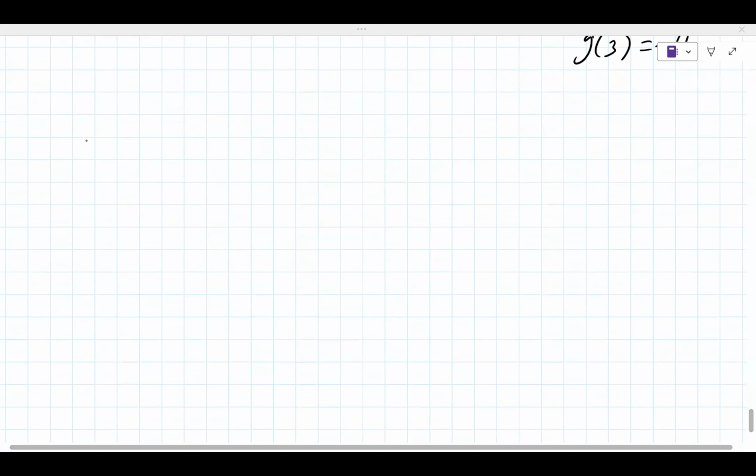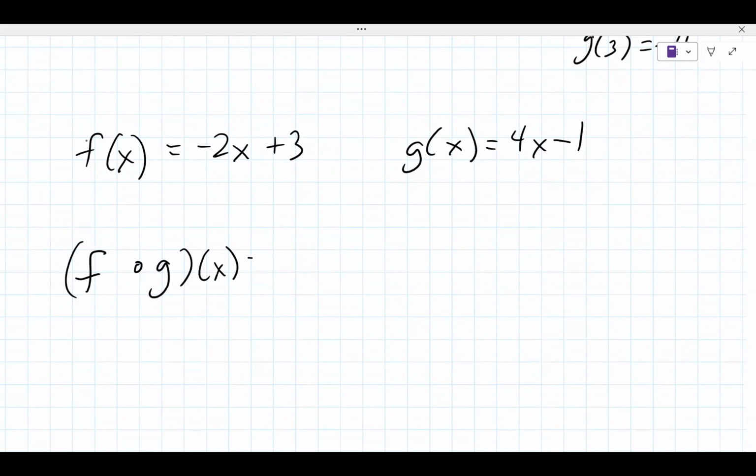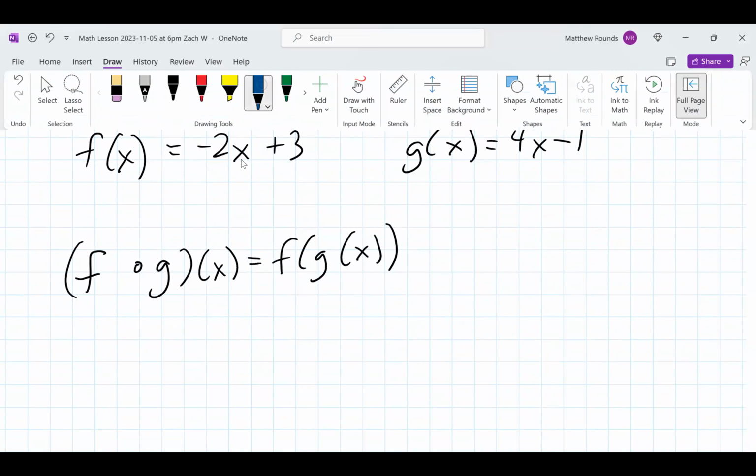Okay. So let's move to functions. Let's say f of x equals -2x plus 3, and g of x is 4x minus 1. If I want f bubble g of x, this means f of g of x. So this is where it's different. Notice there's no numbers.